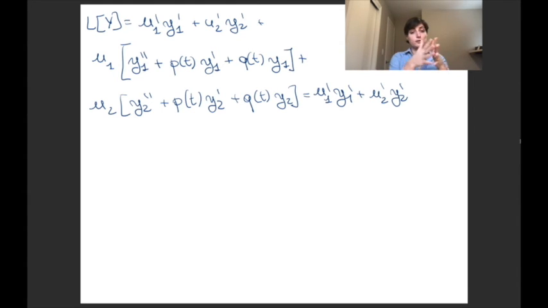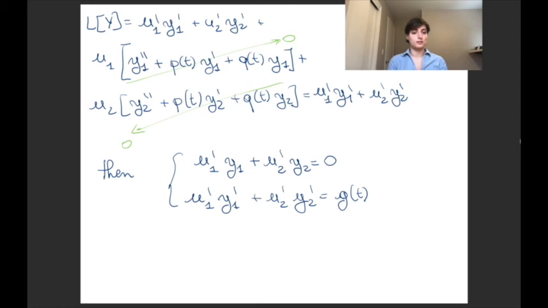The coefficient of u1 is our differential operator applied to one element of our fundamental set of solutions of the homogeneous ODE, and the coefficient of u2 is the differential operator applied to the other element. So these two parentheses tend to 0.